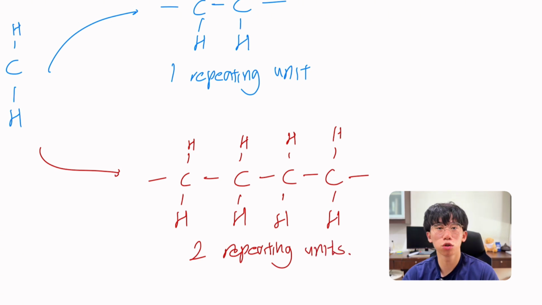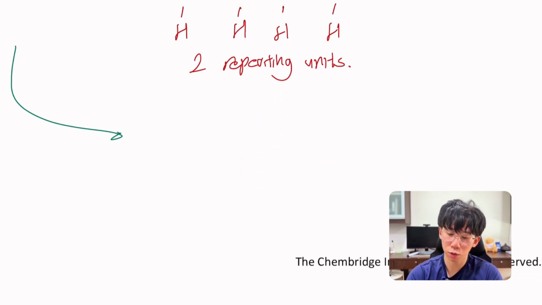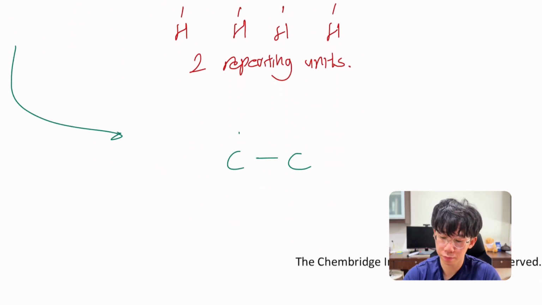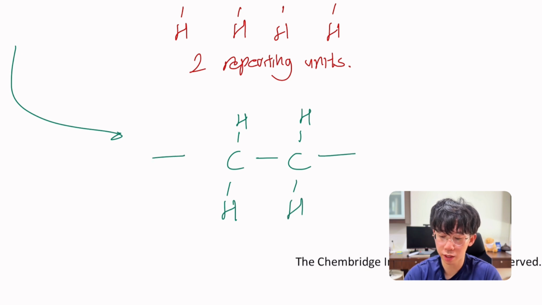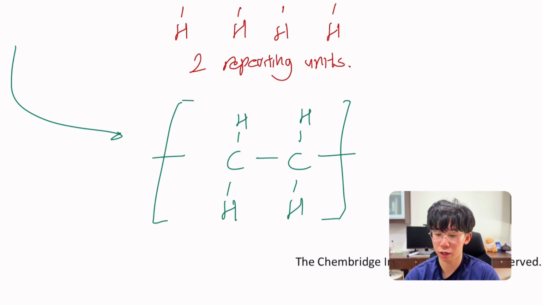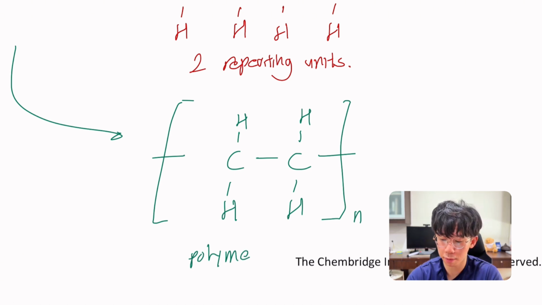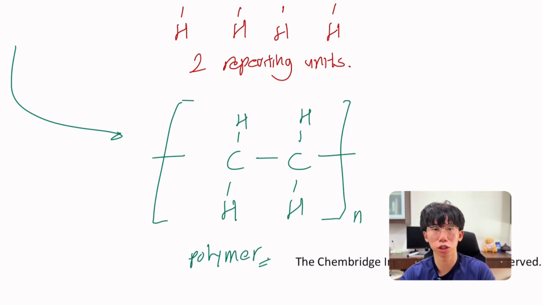Now, if they want to ask you to draw the polymer, all you have to do here is you will take the repeating unit, 1 repeating unit, and then you're going to draw a bracket across, and you're going to write the n at the bottom. So this represents that there are n number of repeating units inside this polymer. So this is if they ask you to draw the polymer. And this is how your addition polymerization works.